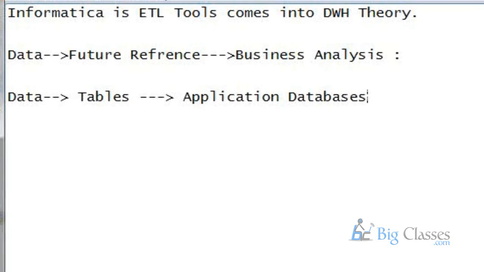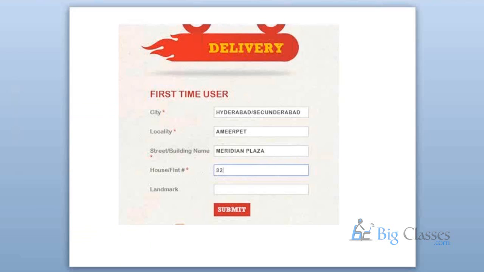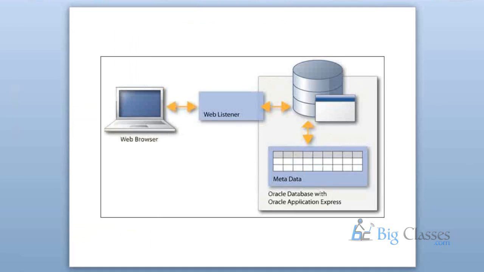Since front-end applications cannot store the data, we have back-end technologies, which is nothing but a database. The information from the front-end application directly enters the database. The database is a collection of information stored in the form of tables.